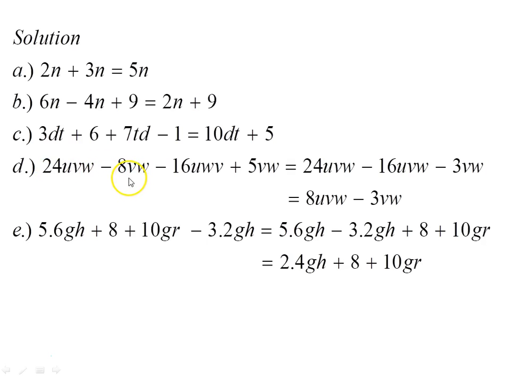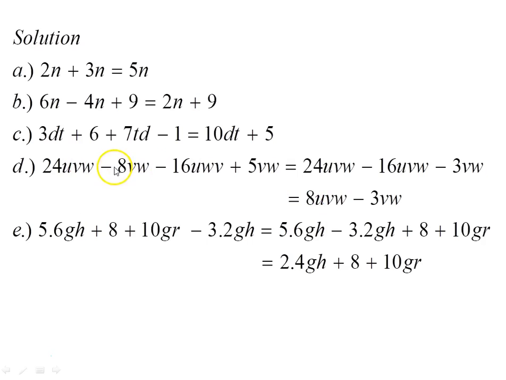24uvw minus 8vw minus 16uvw plus 5vw. Now, 24uvw and negative 16uwv are like terms. They can be combined, so this one and this one can be combined, and that gives us 8uvw.